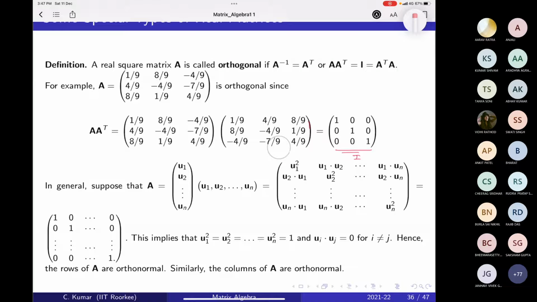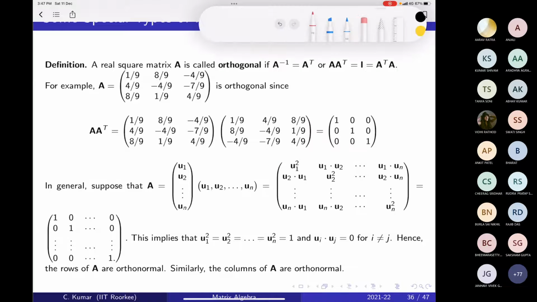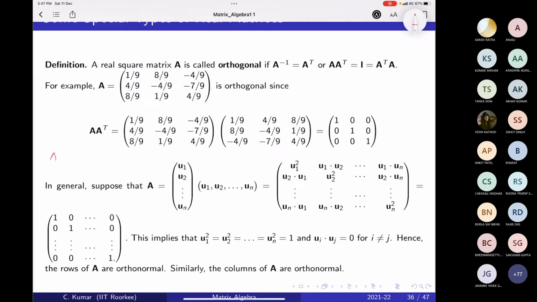In general, we can say that if I have a matrix A, let's say A11, so on to A1n, A21, A2n, An1, Ann.